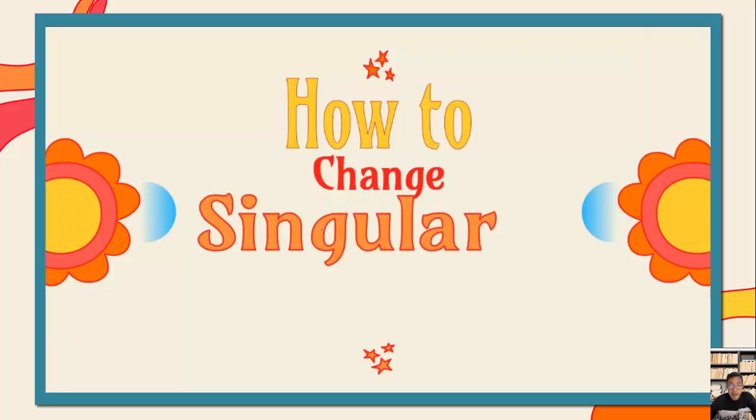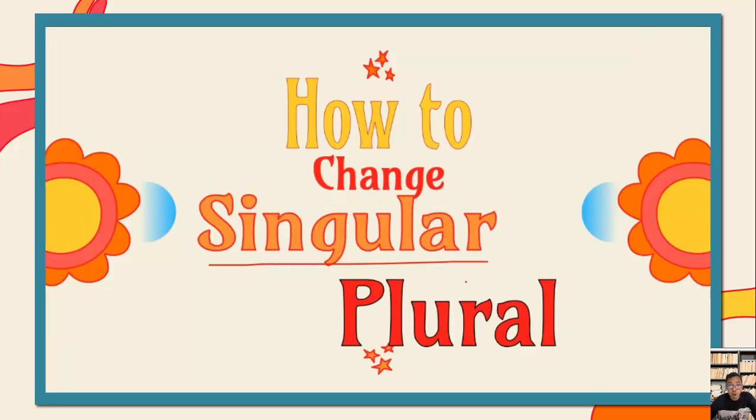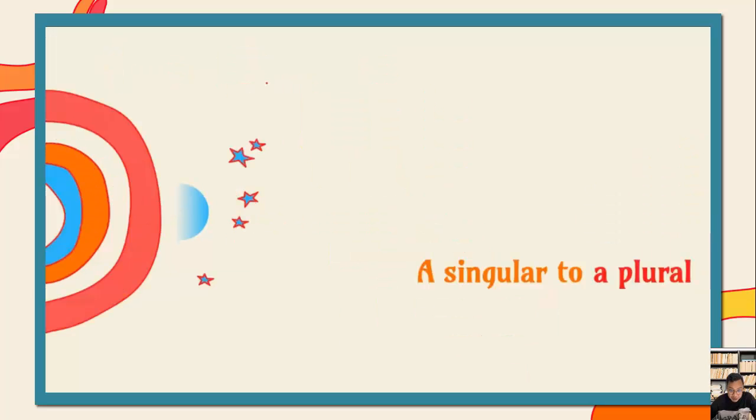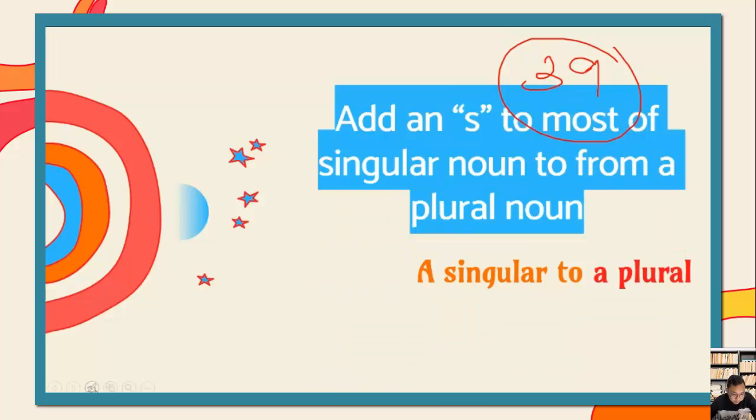How do we change from singular to plural? Let's see here, on your page 39. First one, how to change: add an S to most singular nouns to form a plural.